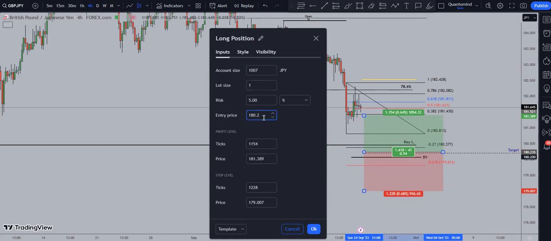I'm going to do 55. That's 5 pips, and on this one I am going to have my stop loss of 30. But this is 255 and it's 30.